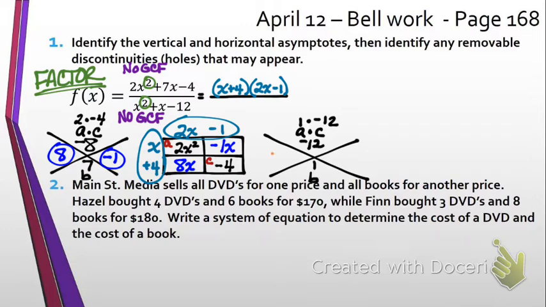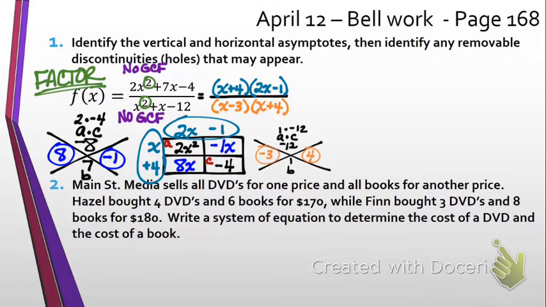Negative 3 and 4. And because I can use the shortcut, my two factors down here are x minus 3 and x plus 4. All right, so we've factored absolutely everything we can.